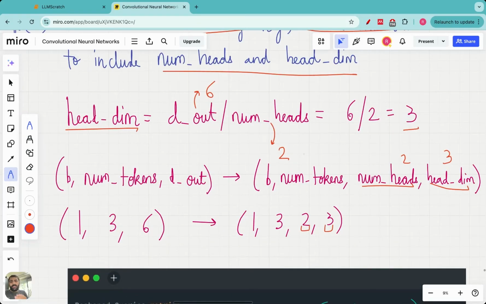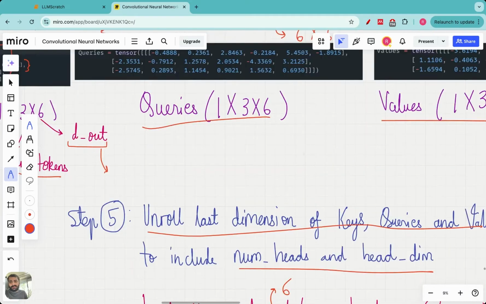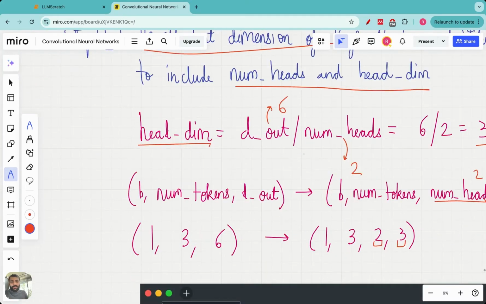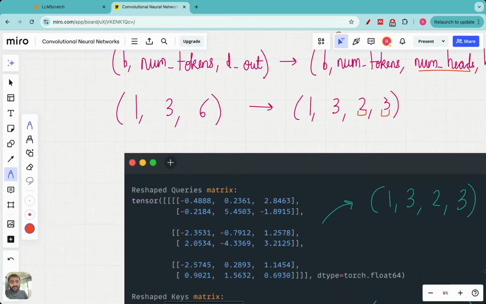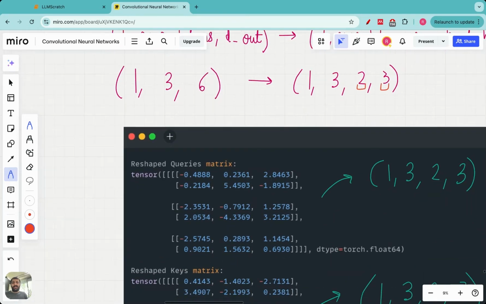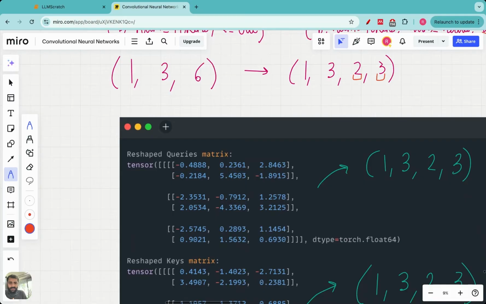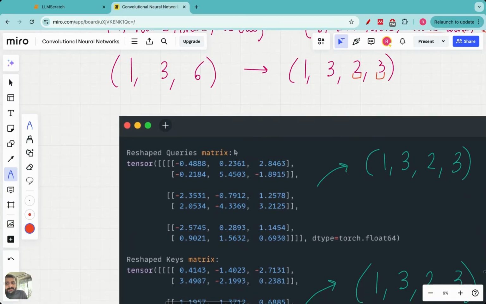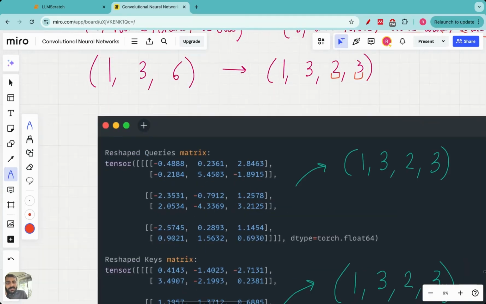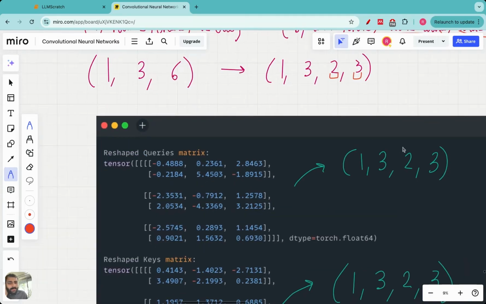So let's see what the reshaped keys, queries, and values matrix actually look like. When you reshape the keys, queries, and value matrix, they start looking like this. And I'll tell you how to interpret four-dimensional tensors also. So for the sake of simplicity, let's first analyze the queries matrix. This matrix is 1 by 3 by 2 by 3.